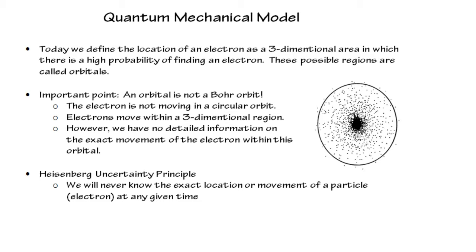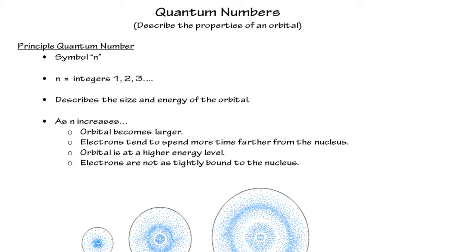So we call this the Heisenberg uncertainty principle, which basically states just that. We'll always be a little bit uncertain as to the exact location of the electrons because they're constantly moving. But using what we call quantum numbers, it's about the best we can do in trying to locate the electrons.